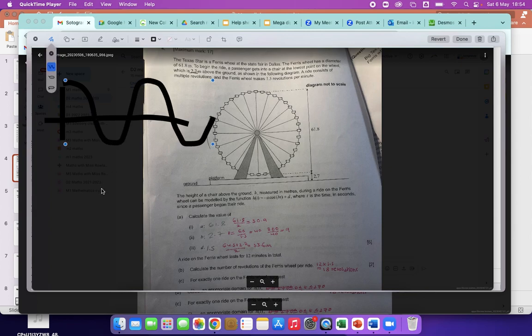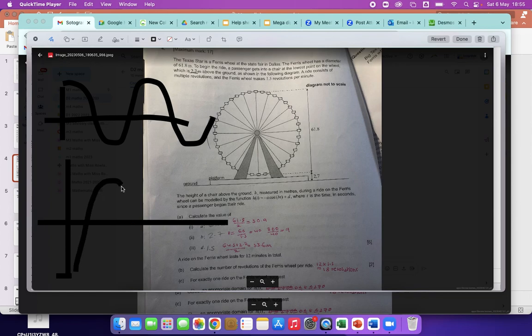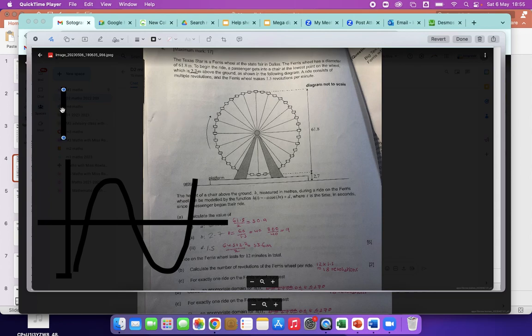But because this cos function is different, it's got a minus sign, which means it's going to be flipped, which means it's going to start at -1 and it's going to go up and then back down, etc. So it's going to be flipped. It's going to be a mirror image. So if we have a look at our now new cos function, we know that the middle part of any cos function or sine function, if it's just a sine of x or cos of x, is going to be 0.